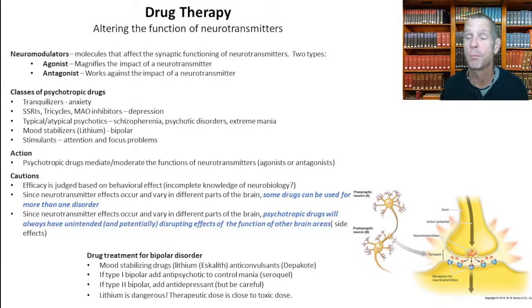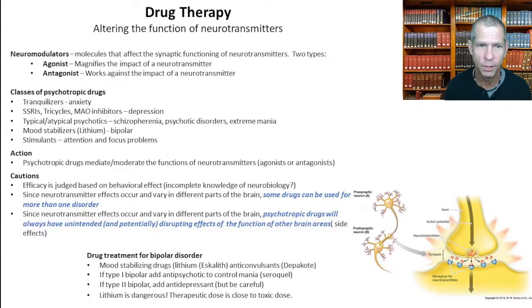And then we have a newer brand, the atypicals, like Risperidone and Seroquel, which are used to treat the psychotic effects associated with schizophrenia. We do have a mood stabilizer, lithium, which is used for people with bipolar disorders. And we do have stimulants, which help people who have attention and focus problems.